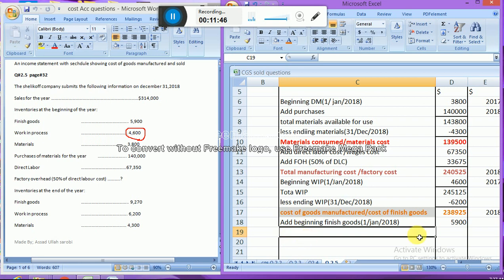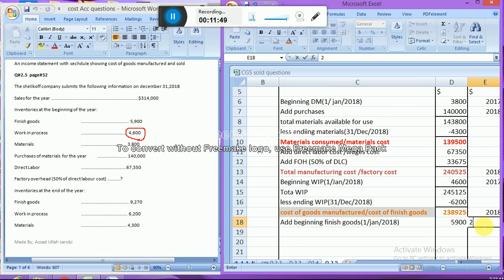Look at the 5,900, these are the finished goods of 2017, and the 2,38,925 finished goods are of the year 2018. So now how much total finished goods do we have? We will add these two.